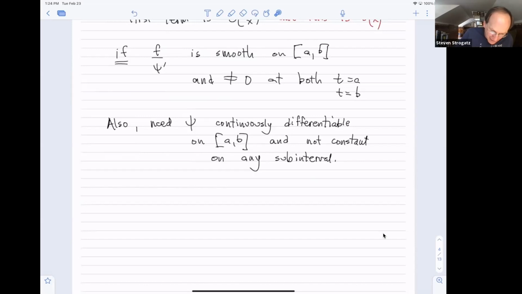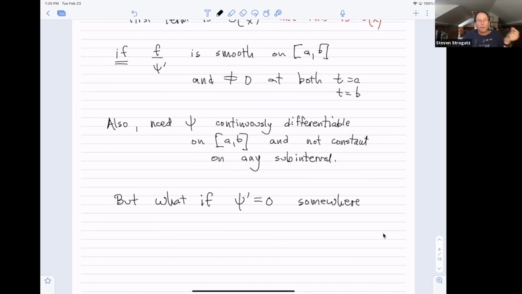So let me raise that question now. So what if psi prime equals 0 somewhere in the interval? I mean, earlier I said it shouldn't be constant on a subinterval, but what if it's just 0 at one point? Psi prime equals 0 somewhere.